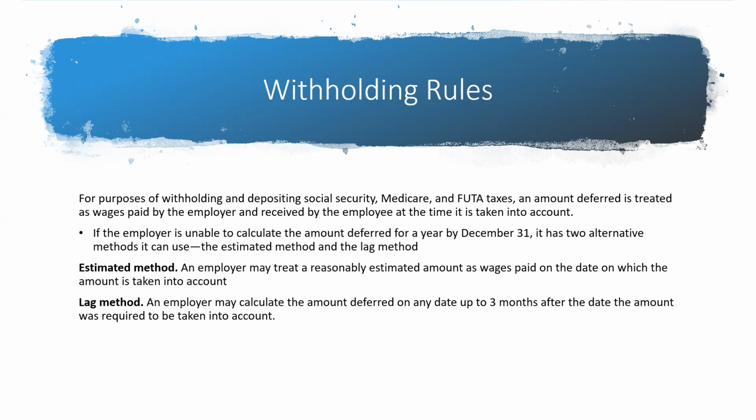So of course, when thinking about the lag method or estimated method, if you're using the lag method and those wages change, those need to be taken into account once it's actually applied to their individual accounts.